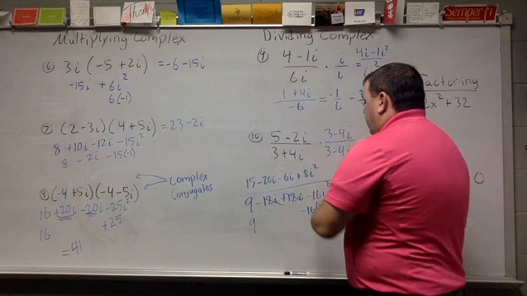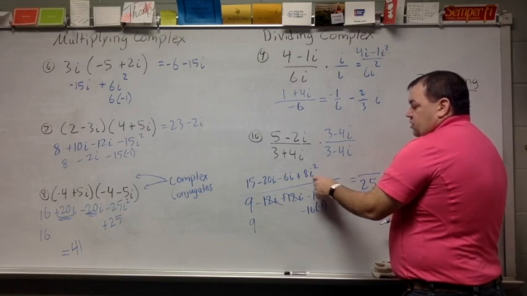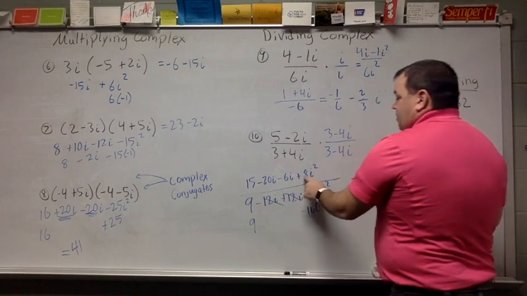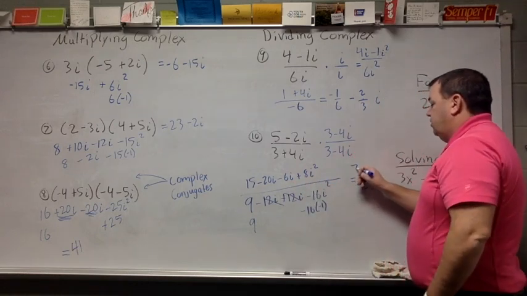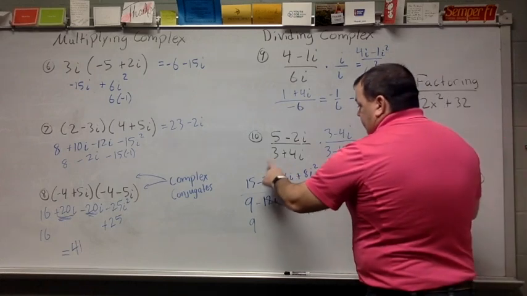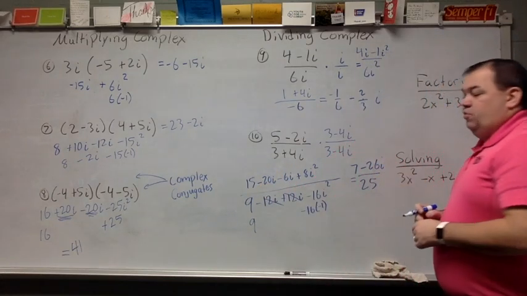Now I'm going to start with that i squared, because that's a negative 1. So that makes this a negative 8. 15 minus 8 gives me a 7 for the real part. Combine my i's in the middle, I get a 26i for the imaginary part.